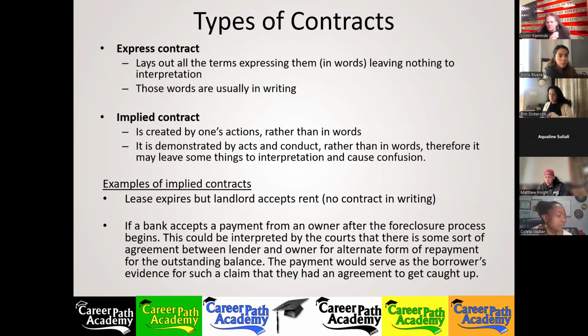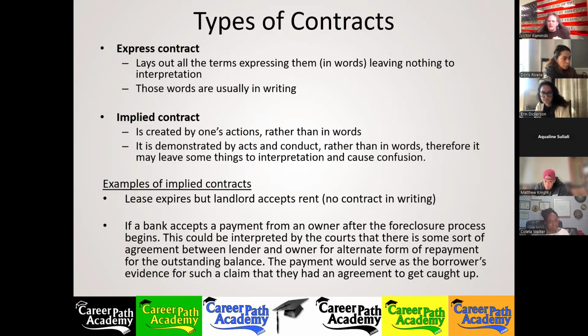Some examples of an implied contract would be a lease that expires, but then the landlord accepts your rental payment, your check, for the next month's rent. By their actions of accepting that rental payment without having a new lease signed, it creates an implied contract that the landlord's okay with you staying there for the next month. So now you're becoming a month-to-month tenant with no written lease.